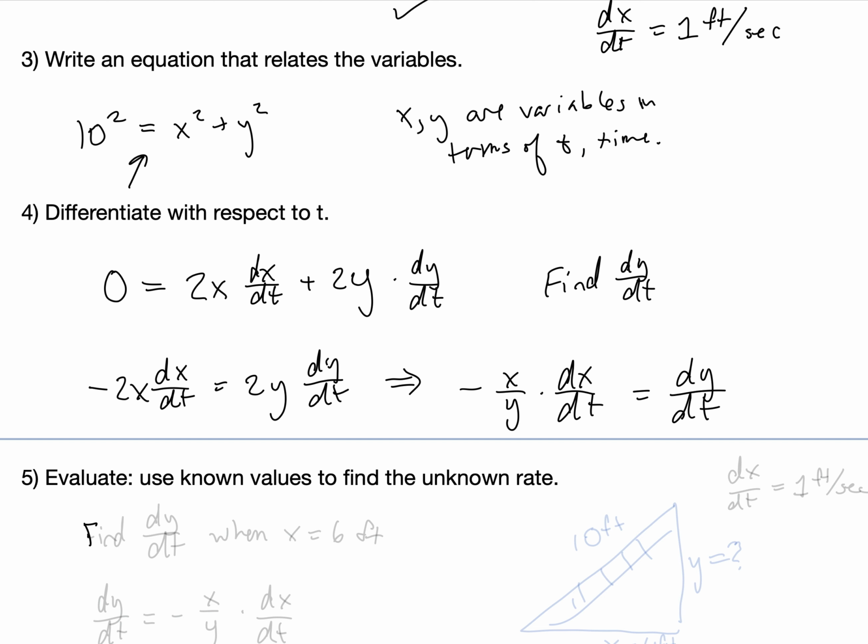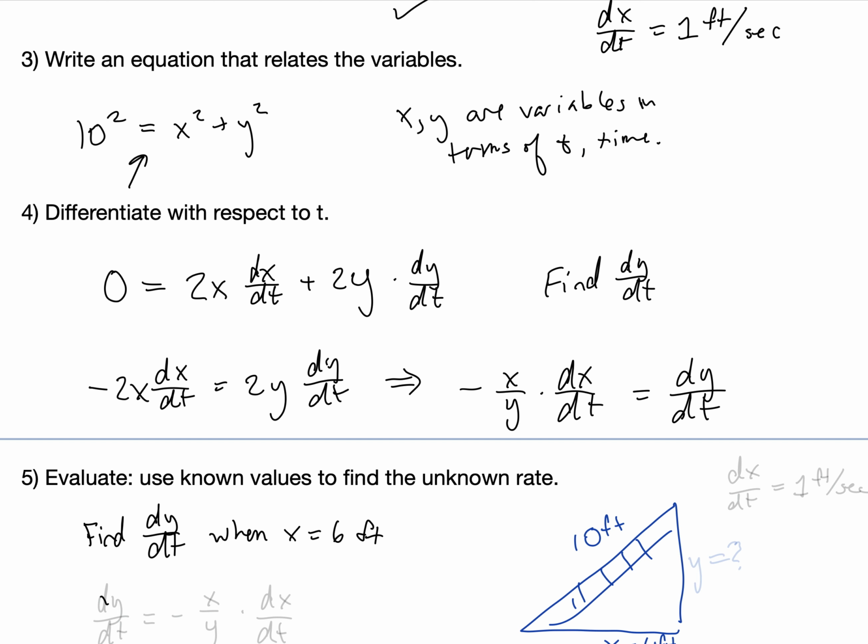So we wanted to find dy/dt when x was equal to 6 feet. So we've got this ladder sliding down a wall. This ladder is 10 feet long, and we're saying when this horizontal distance is x equals 6 feet, what is dy/dt?